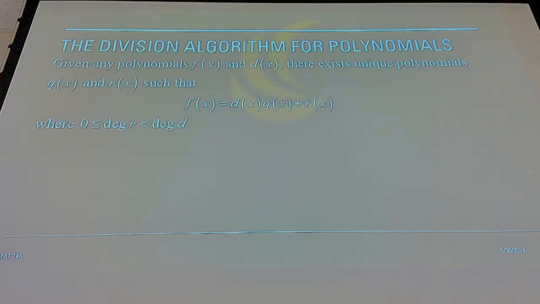What kind of function is that called? Constant. Yep. A degree 0 polynomial is just the constant function.